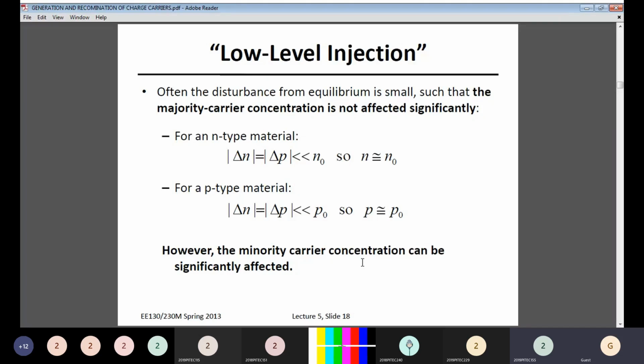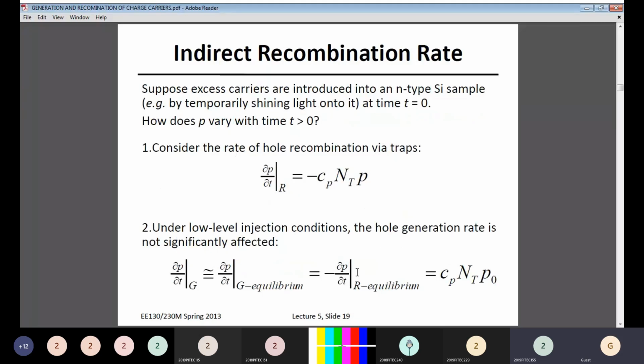For a p-type material, delta n equal to delta p is very much less than p naught, so p is nearly equal to p naught. However, the minority carrier concentration can be significantly affected by the recombination process.